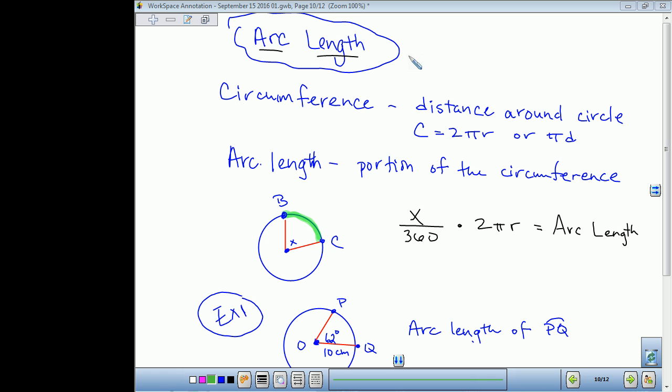So we'll do the degrees over 360 times 2 pi r. The portion of the circle times the circumference of the circle. That's it. That's all there is to it. So, degrees over 360 tells us what part of the circle we're looking at, times the circumference, 2 pi r. And that is our formula for arc length.